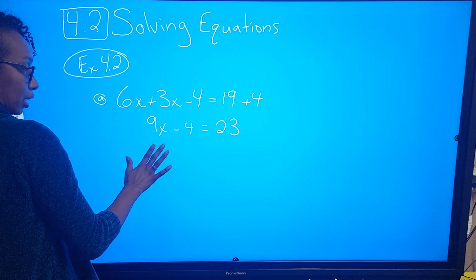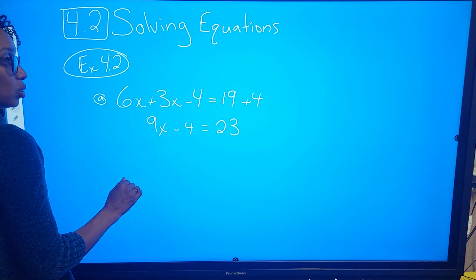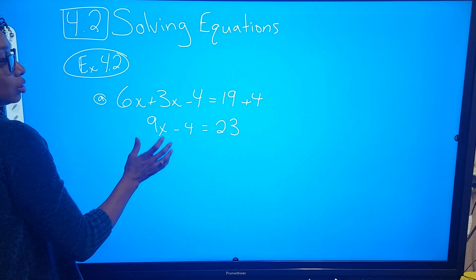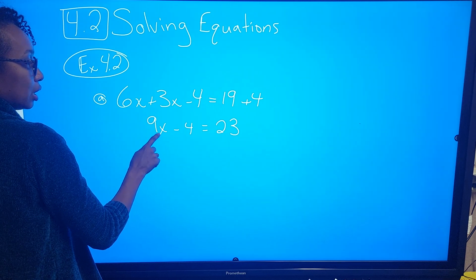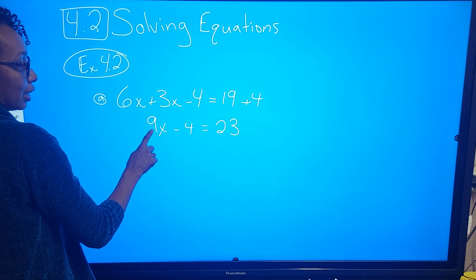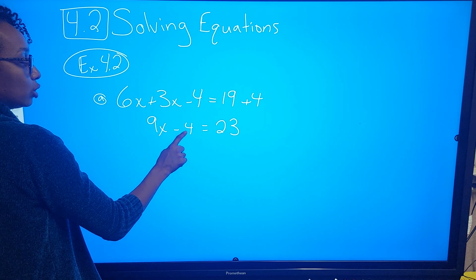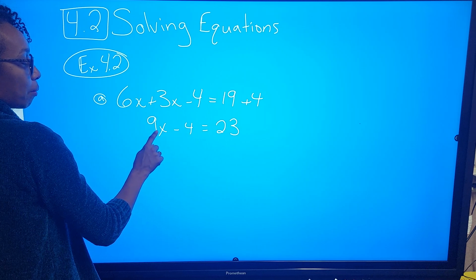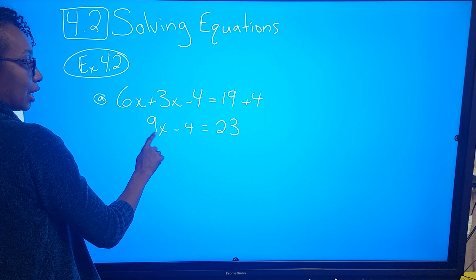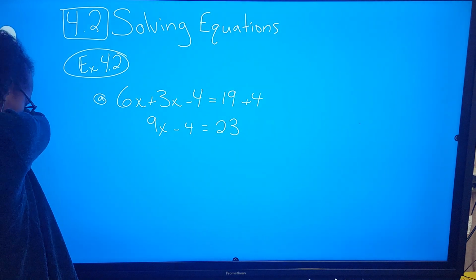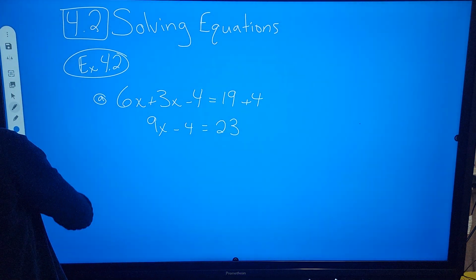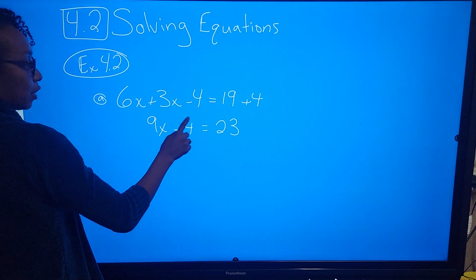Once I've done all that I can do, now I'll begin to use the property of equality to isolate my variable. Okay, I want to get x completely alone. I notice that it's got 9 times x minus 4. Well, I'm going to deal with the multiplication second. I'm going to deal with the add subtract first. All right, so first let's take care of this 4.